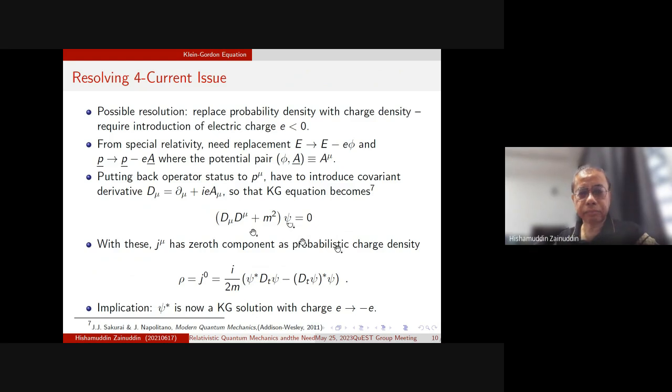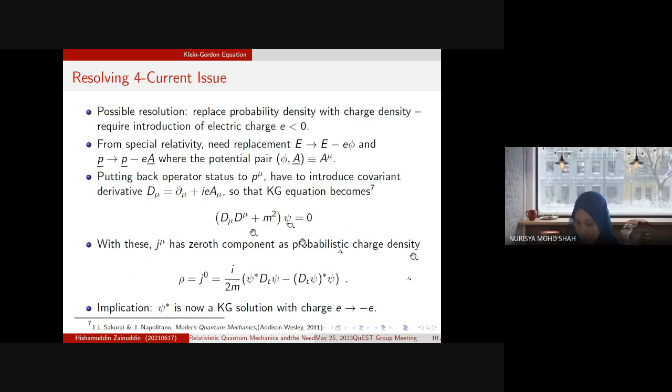Because of that possible flip of the sign of charge, instead of just one solution psi, you can also have psi star as a solution, which incorporates the negative charge solutions. That's roughly how it resolves this probability density problem. But I have questions.